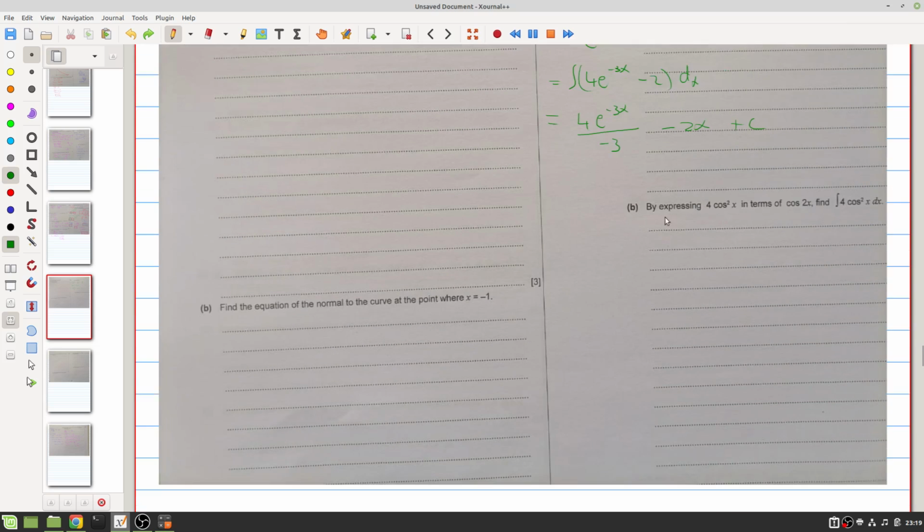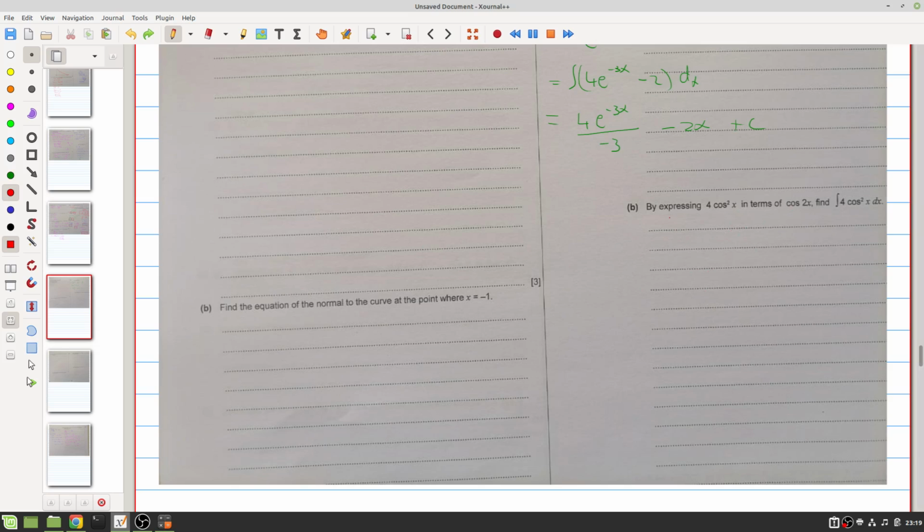Now, by expressing 4 cos squared x in terms of cos 2x, integrate 4 cos squared x. This is a little bit tricky, although it's not a long thing to do, to think about how we can rewrite this as this.